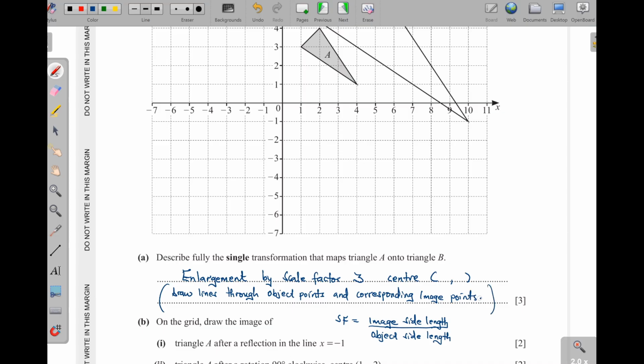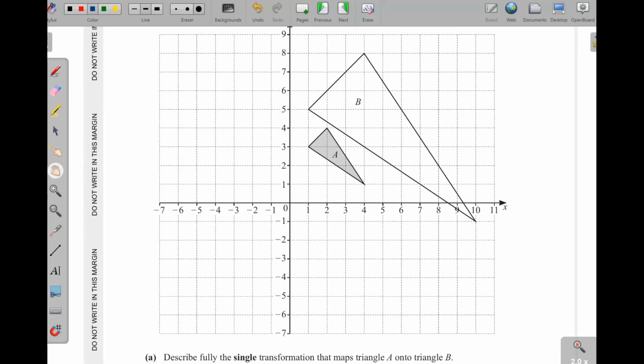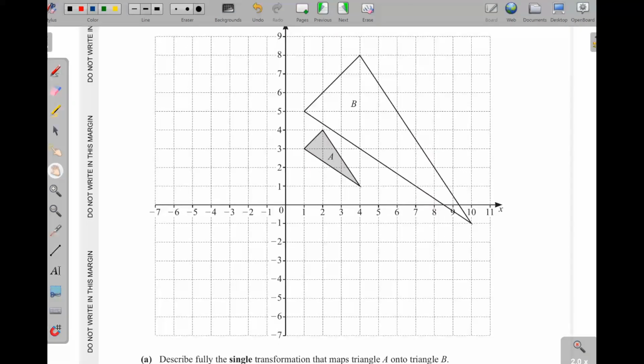Where they meet is the center of enlargement. As simple as that. So you get your ruler and then you draw all through.